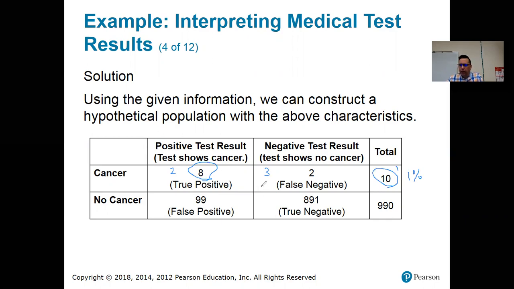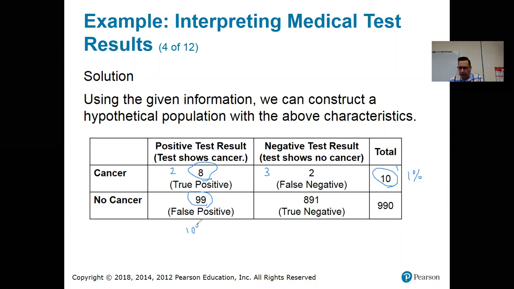The next thing we have is that the false positive rate is 10%, okay? So we know that 10 people have cancer, which means 990 people don't, right? So I guess I could have put this number in as soon as I put the 10 there. But this 99 right here, this is 10% of 990.